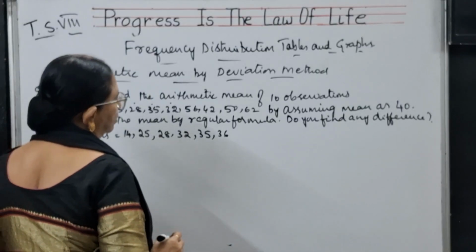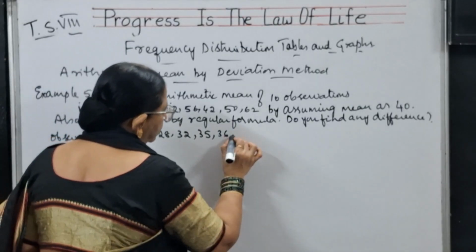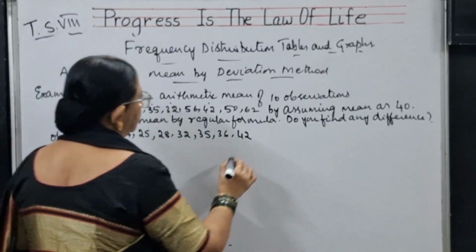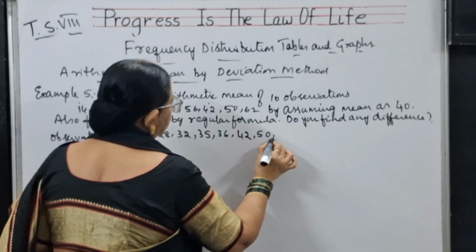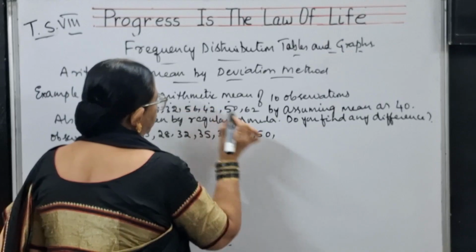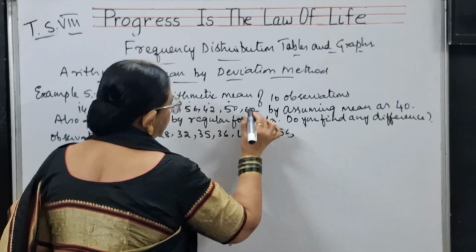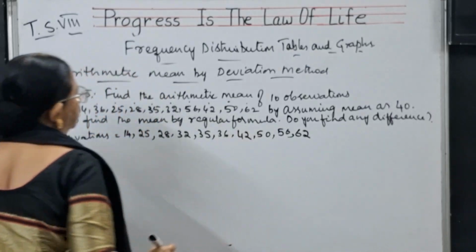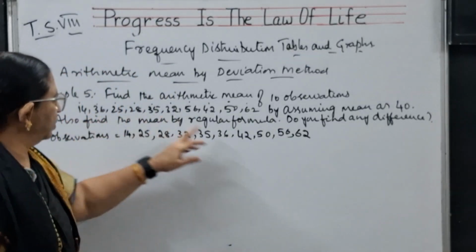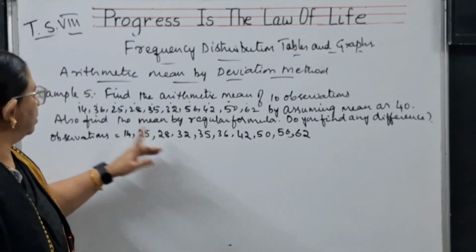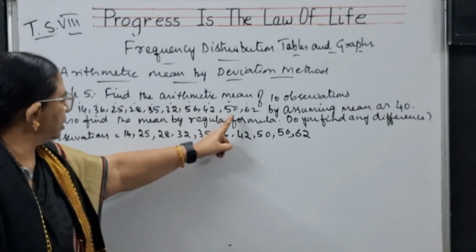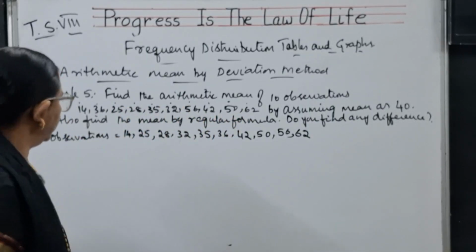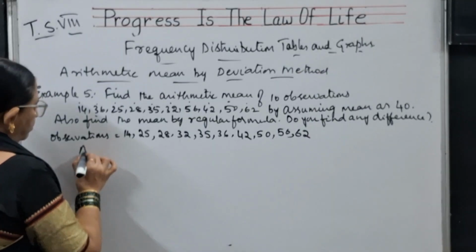Now after 36, you have got 42. After 42, 50. Then 56. Then 62. Why did I keep dots here, children? So that after noting down the values in an order, I can observe that every value I have taken. So to get that confirmation, I have taken this. Assumed mean.